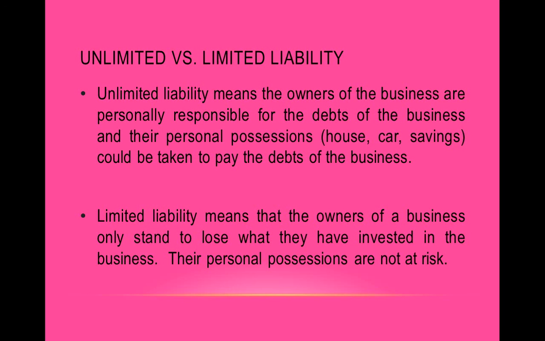So that might influence the sole trader's choice and level of debt. Whereas limited liability means the owners of the business only lose what they've invested in the business, which could still be a substantial amount, but their personal possessions are not necessarily at risk. So, looking at things like loans, overdrafts might be more of a viable option for these type of businesses.